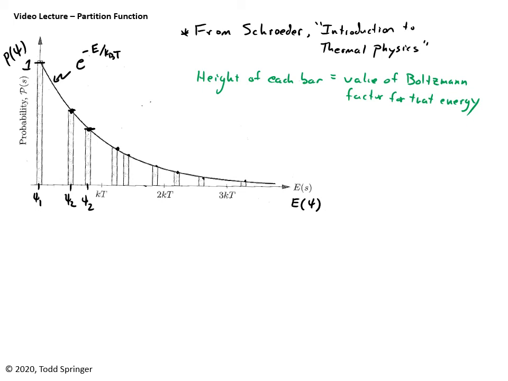Okay, now this is at a particular temperature. If you change the temperature, the curve falls off at a different rate. So for example, if I had a higher temperature, it would look something like this.